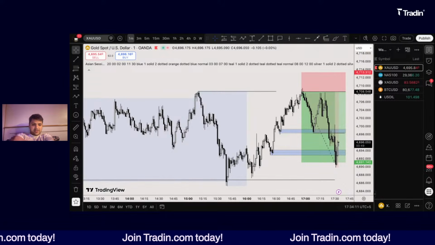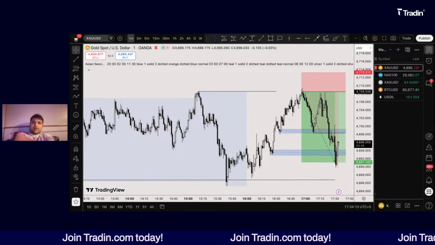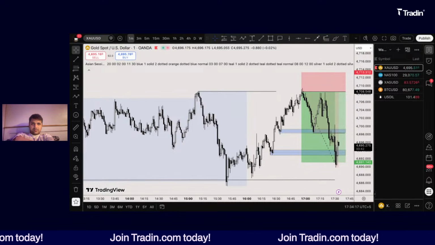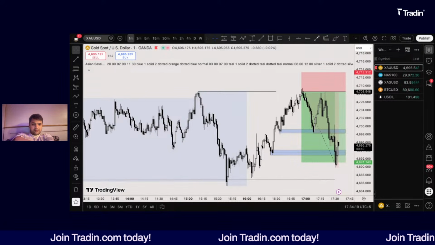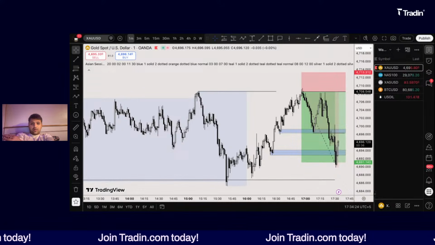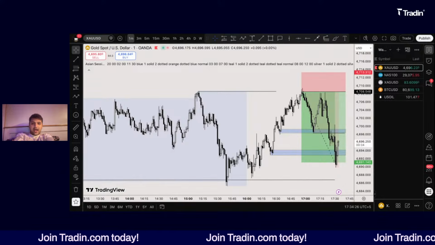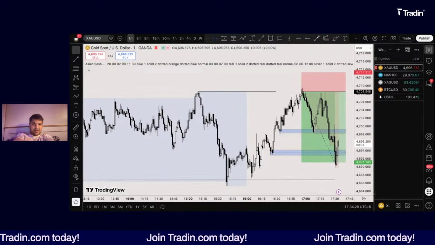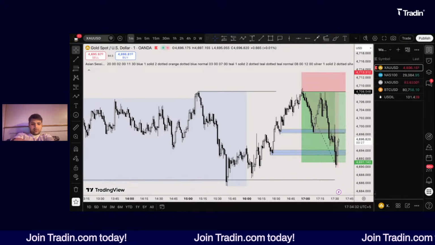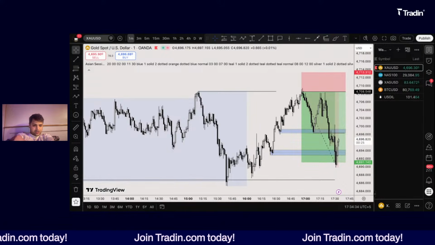Flip accounts means I would deposit $100, $50, $200, which I can comfortably afford to lose, and I would wait for one setup and go in with high risk, let's say 30% risk on that flip account. So it's just a different approach.